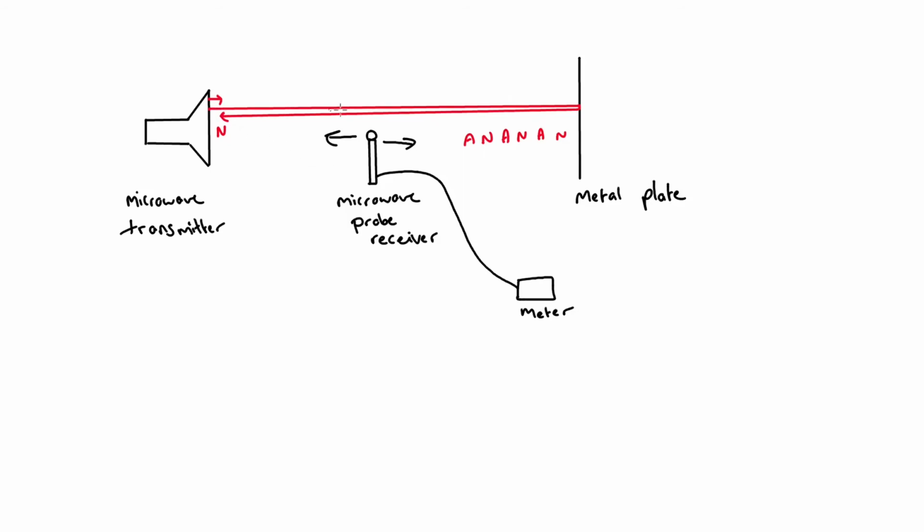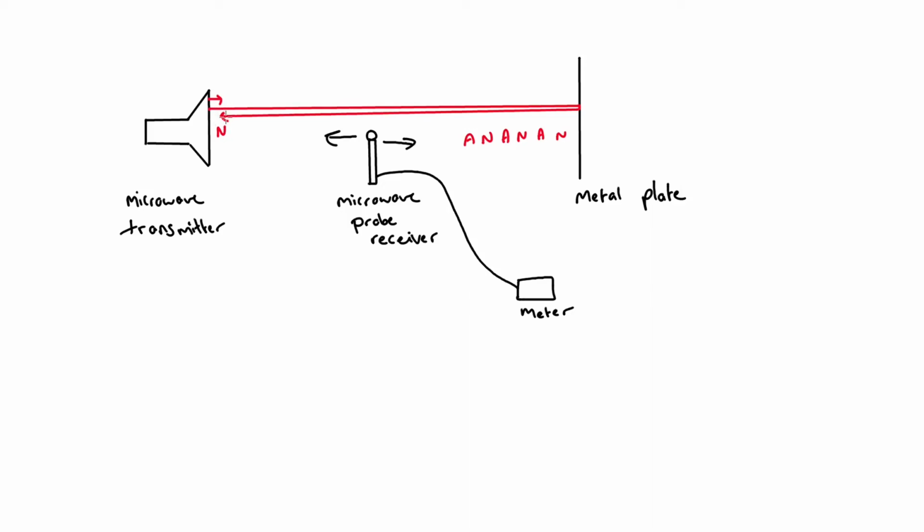So the reflected wave has travelled a far greater distance than the wave that's travelled directly from the transmitter, and so here the wave from the transmitter is going to have a much larger amplitude than the reflected wave. The reflected wave will have lost a lot of energy travelling over this great distance to the metal plate and back again, so it will have a much smaller amplitude, and that means they won't completely cancel each other out.